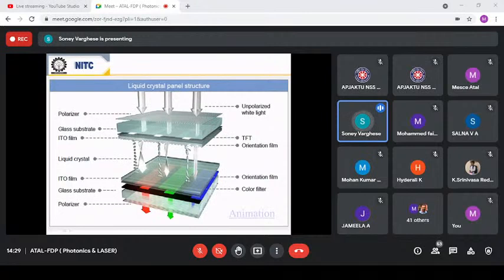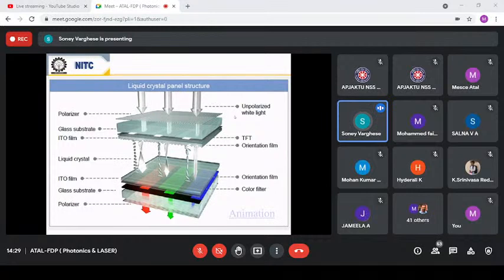So basically, we are using unpolarized light. The source, as I told you, nowadays is LEDs, light emitting diodes. Because of that, we used to say LED display. Actually, it is not an LED display. Only the backlight is an LED.